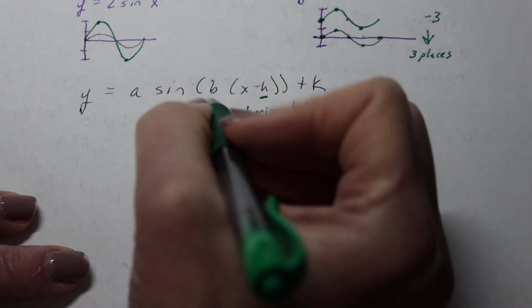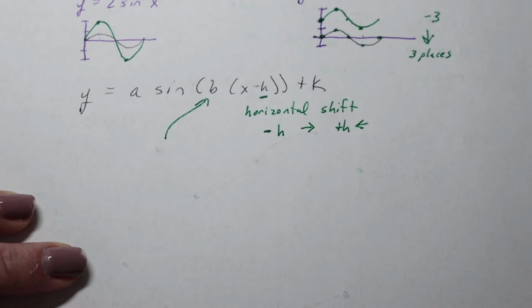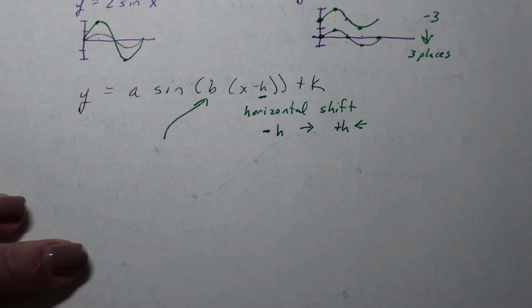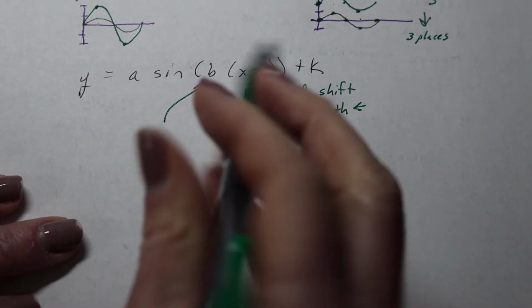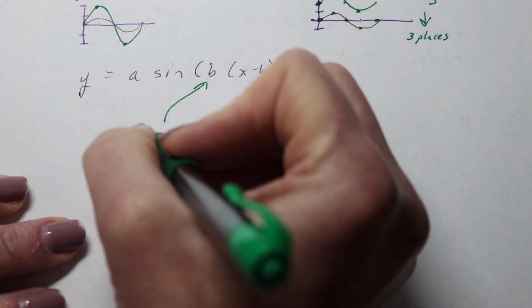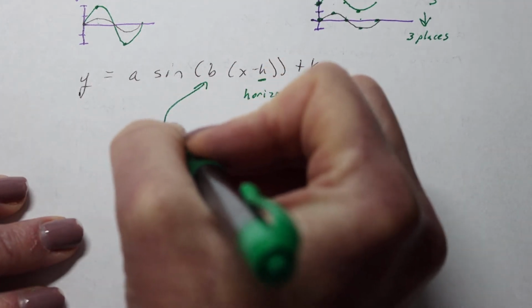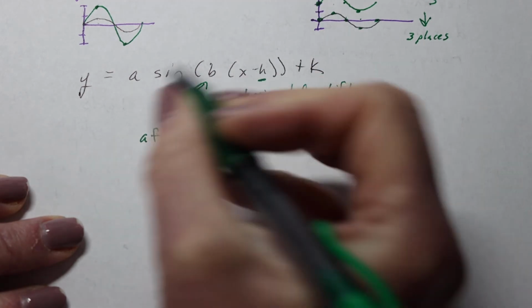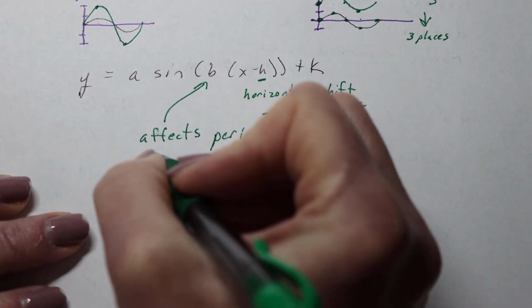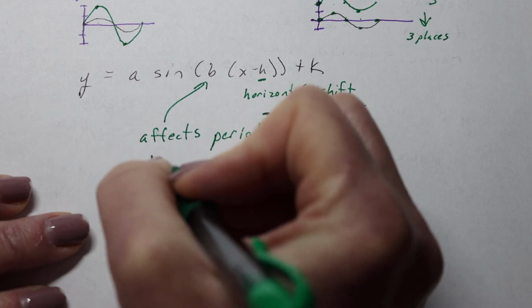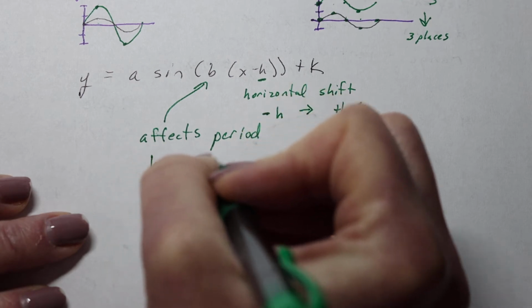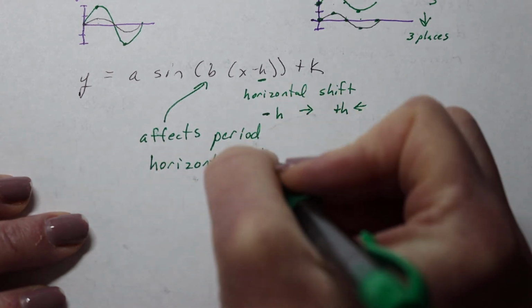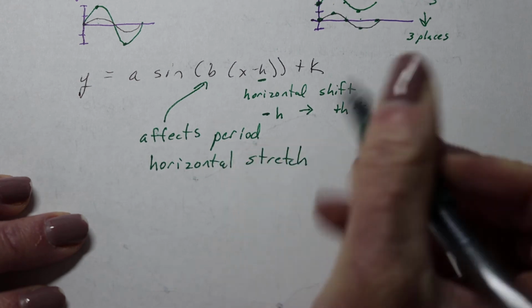And finally the b. The b affects the period. So where amplitude is a vertical stretch, this is my horizontal stretch.